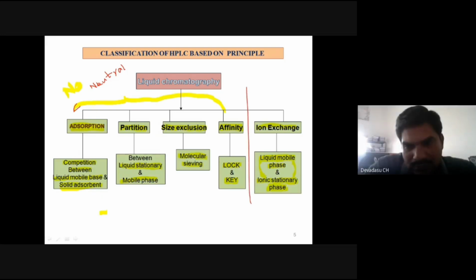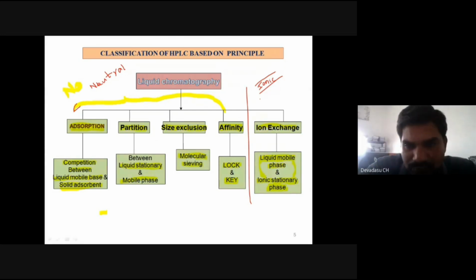If I want to separate ionic species, if my sample is having more number of cations and anions, we have to choose ion exchange chromatography as a predominant mechanism of separation. The molecule may be inherently ionic, or it can be rendered ionic by adjusting the pH of the drug solution.